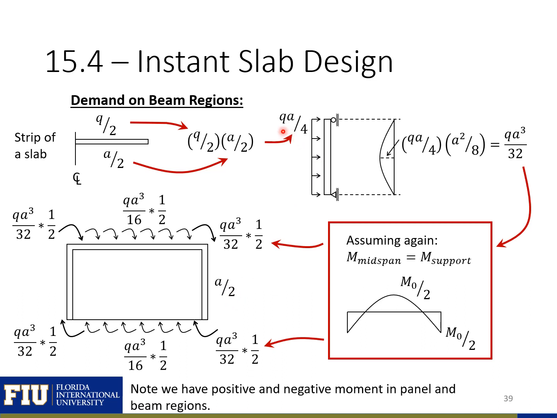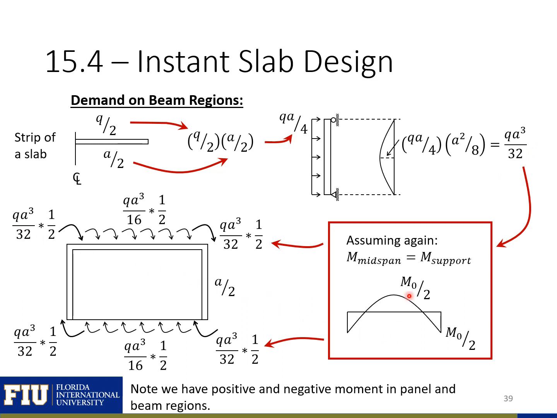So we have then a demand here of Q times A divided by 4. So you can see the maximum moment here, assuming the ends are simply supported, would be our load, our distributed load times A squared over 8, which will be Q times A to the third over 32.